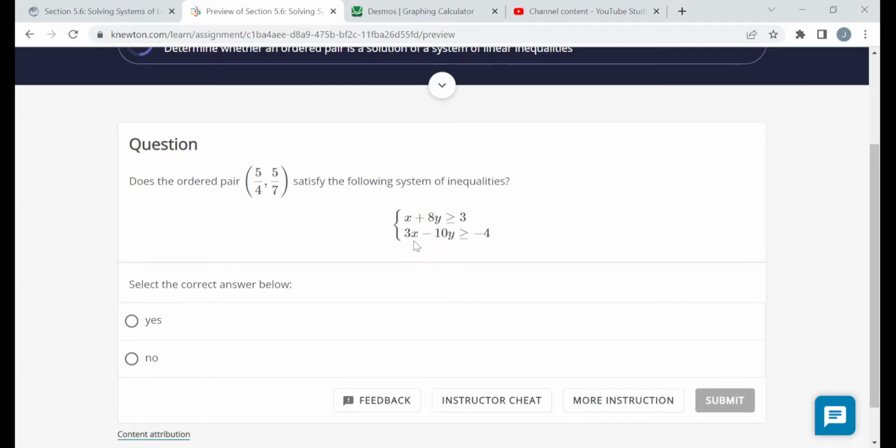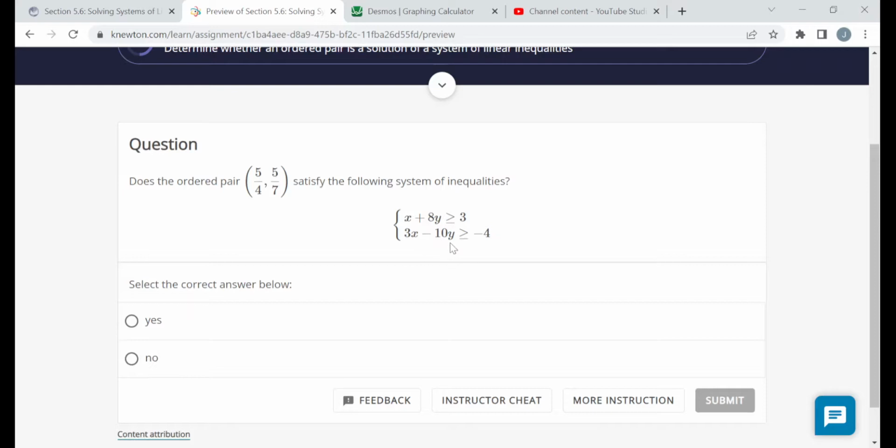Alright, and then 3 times 5/4 would be 15/4. 10 times 5/7 would be 50/7. So 15/4 minus 50/7. Is that greater than -4? I believe so, because 15/4 is 3 3/4, 3.75.